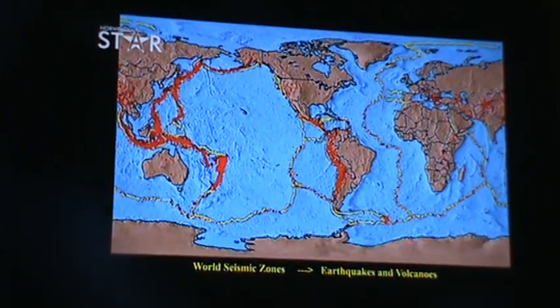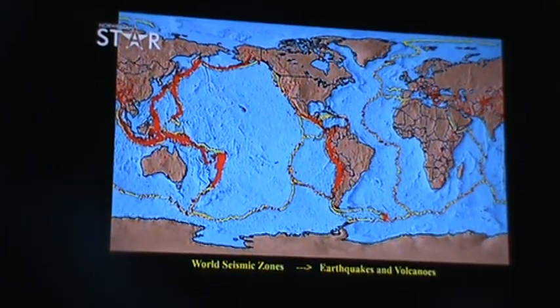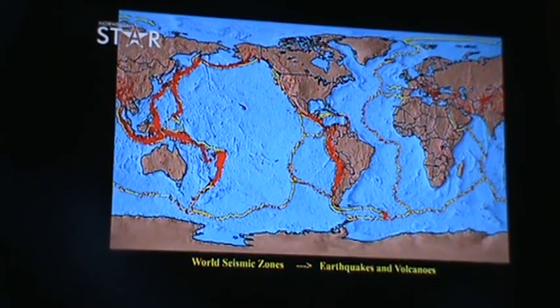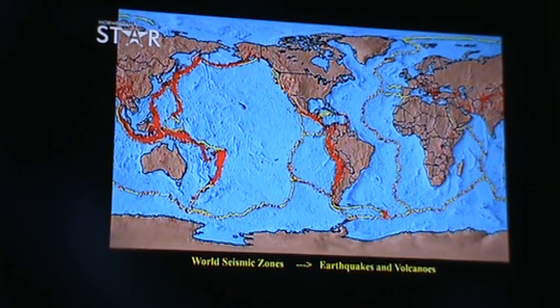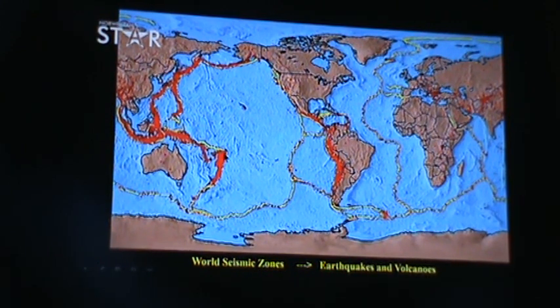So where does that take place? These are the general areas of lots of volcanoes and lots of earthquake activity, the red sections here. You notice it's all around the Pacific Rim, the entire area here, Andes up through the Cascades, Sierras, and then out through the Aleutians and down through all of the Pacific Island systems over here.